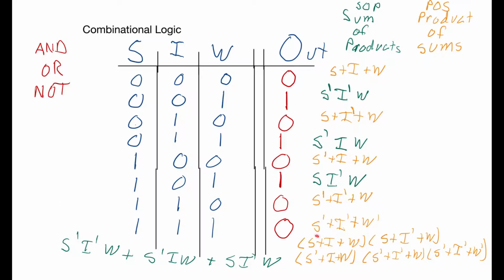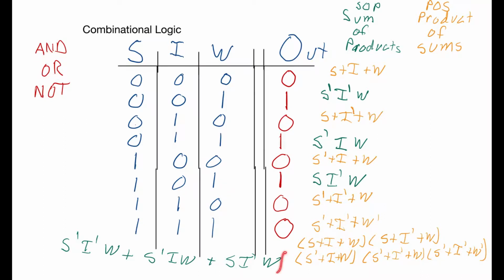And so writing down the final equation for our product of sums, I ran out of room to complete it all on this line, so it just continues over here. And it's just all of these sums multiplied together. Now, remember, products are the AND operation, and the sums are the OR operation.